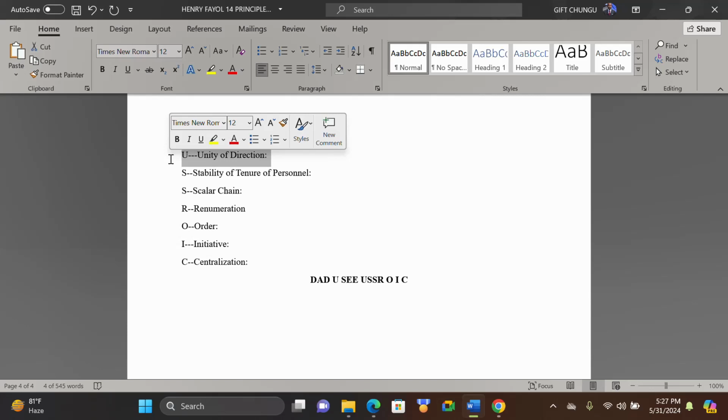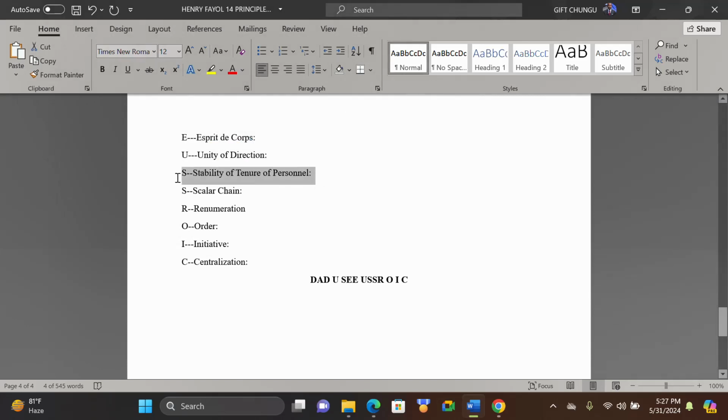And then also we have another one, which is S. USSR. If you did history, you know that USSR is a combination of countries that in the past came together to form something. So we have what we call stability of tenure. When we are looking at stability of tenure, as you employ people, there should be security.